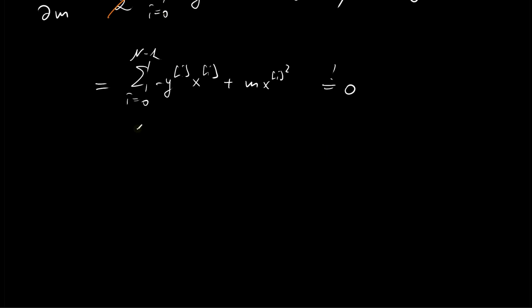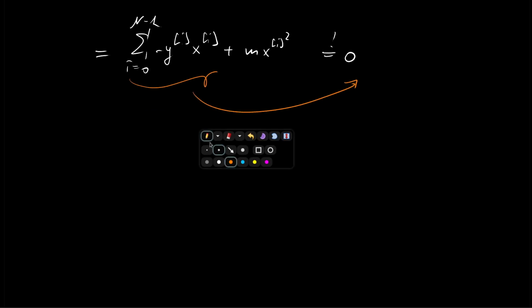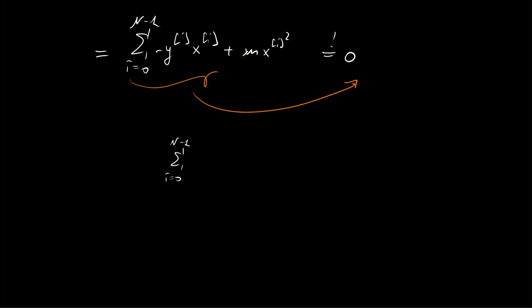And then we can rearrange this by moving, well, let's say for instance this to the other side of the equation. And then essentially we're getting 2 summations. So we have a summation on the left-hand side, which will be this one here. So m times xi squared equals the summation from i=0 to n-1 over yi xi.